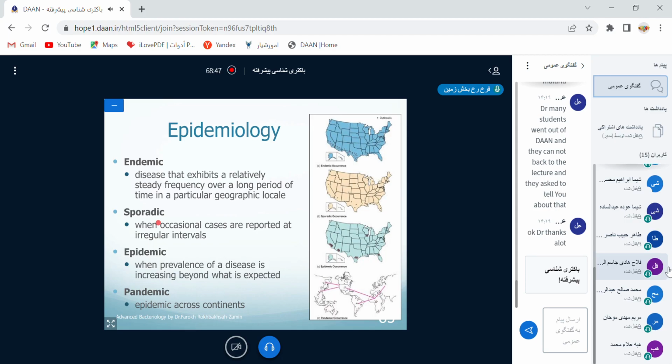It is sporadic. For example, now monkeypox. In these days, we hear it is sporadic. A few cases are in England, a few in Poland, a few in another country. It is sporadic.